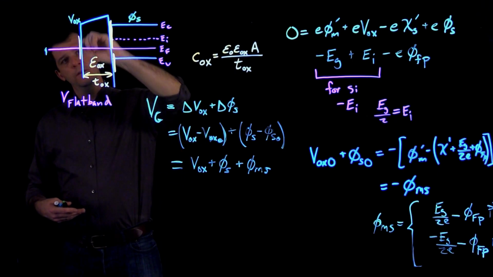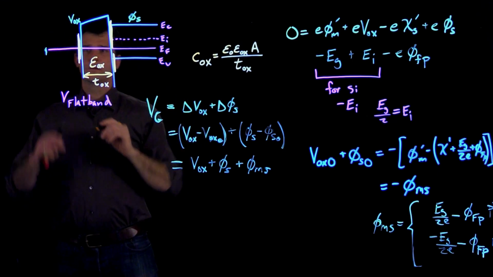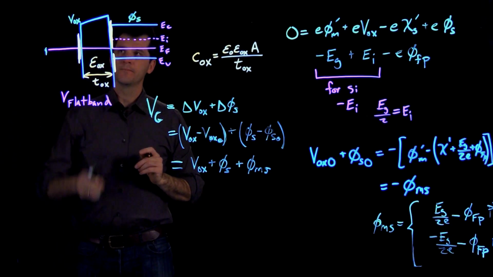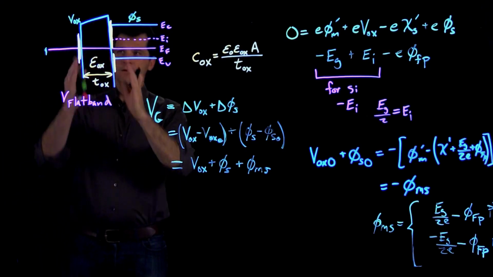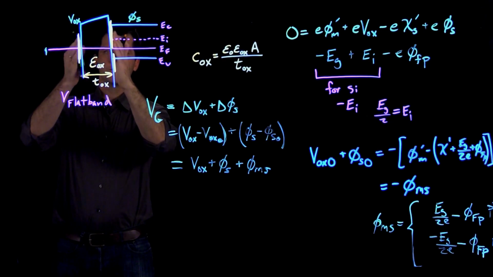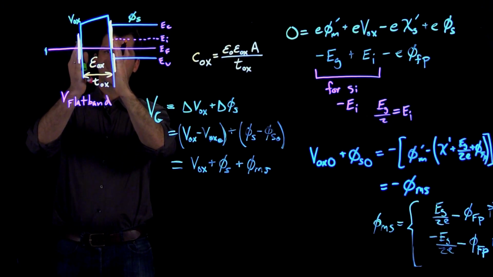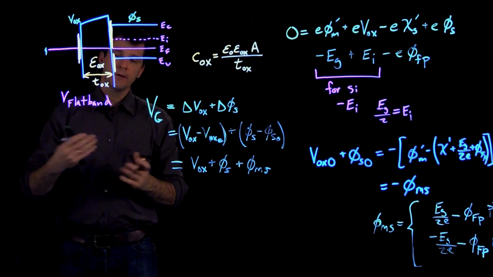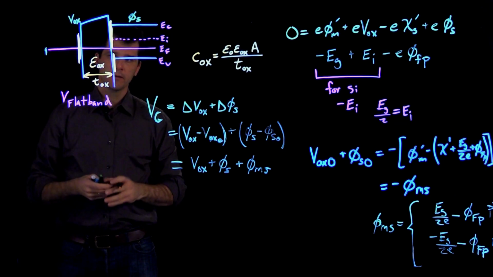There's always going to be some charge that piles up against the oxide at the metal. And just by this drawing, you can see that these charges distributed on either side of an insulator can be represented very nicely by a parallel plate capacitor.